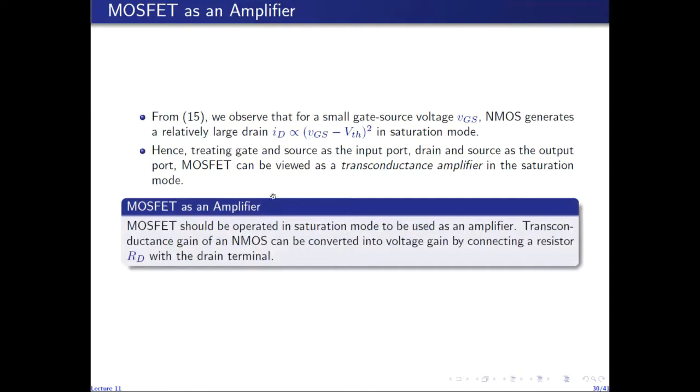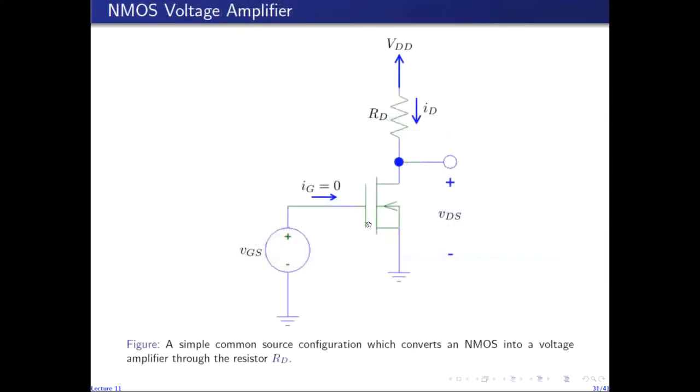So this transconductance gain of the MOSFET when it is operating in the saturation mode can be converted into voltage gain by connecting a resistor RD at the drain. So in this circuit, we have connected the NMOS through RD with the power source VDD. So VDD is the supply voltage.